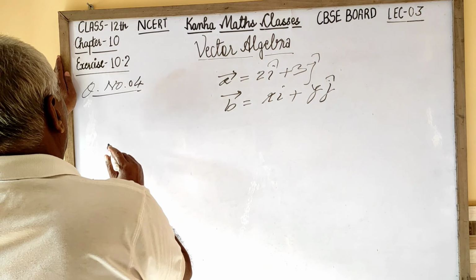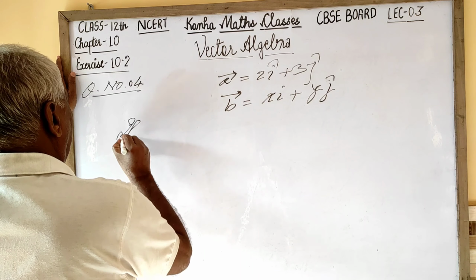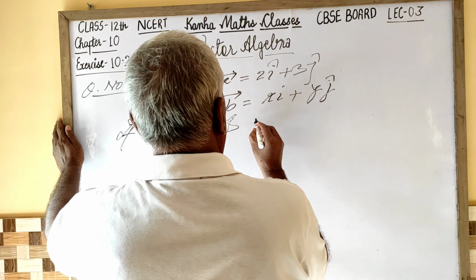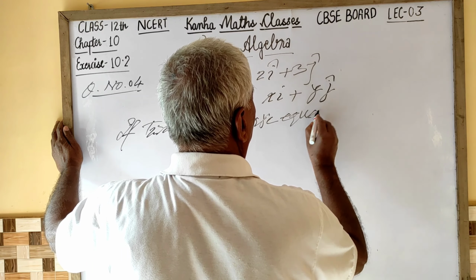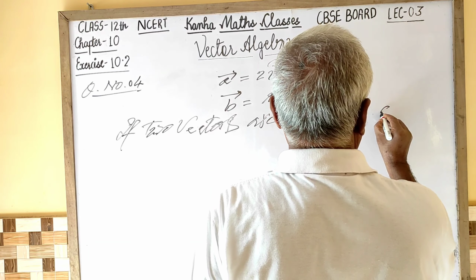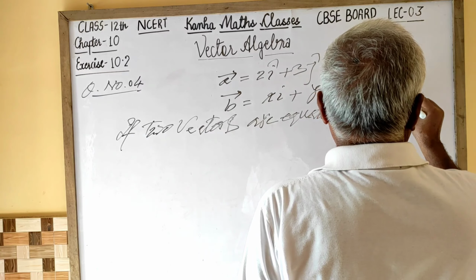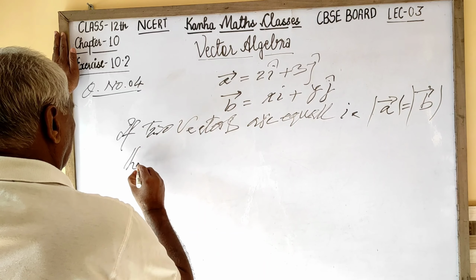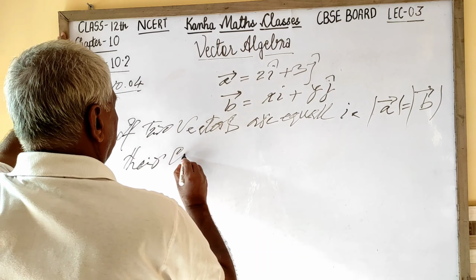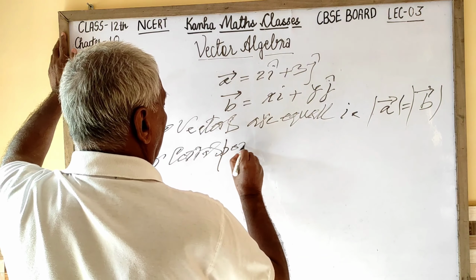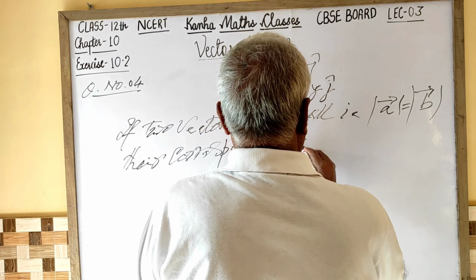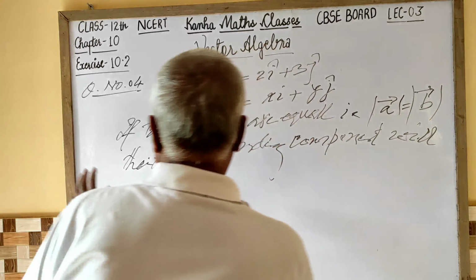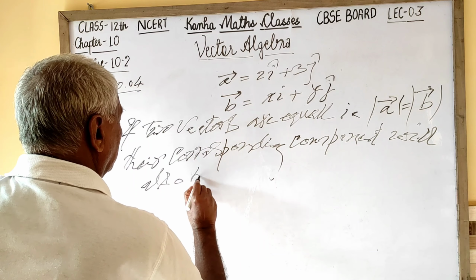If two vectors are equal, that is, vector A is equal to vector B, then their corresponding components will also be equal.